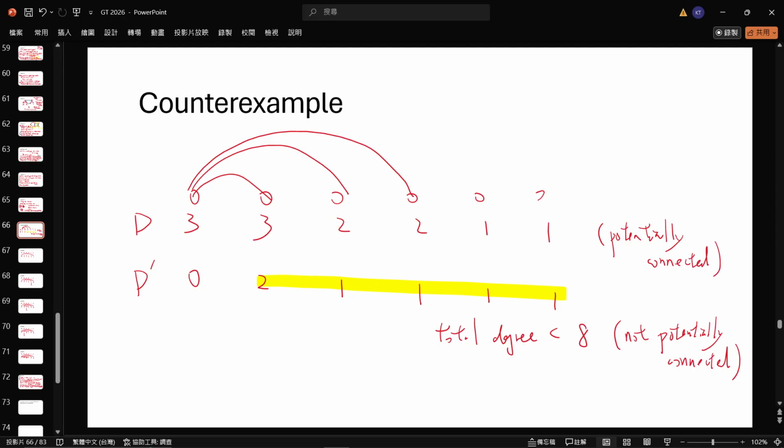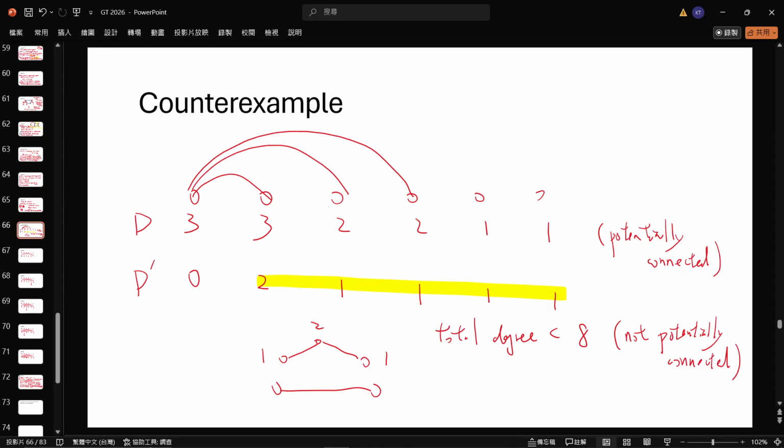And if you want to use the first method to find out whether it is potentially connected, you can just draw a graph, okay? So you have a vertex with degree 2, so you can choose any one of them to be the vertex with degree 2. So now this has degree 2, and this has degree 1, degree 1. So to realize the graph, the only way is to use this graph, okay? This is the only graph that can realize it. And this is not connected, okay? So this is not potentially connected, okay?